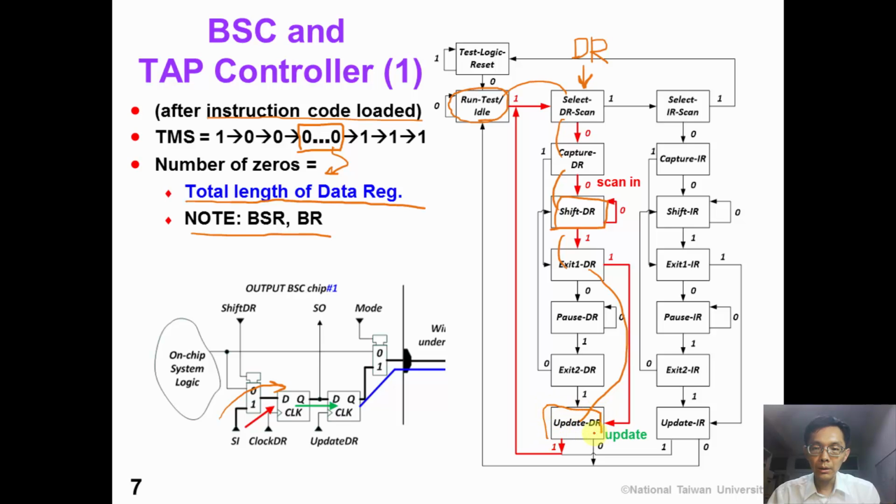At this state, we can update the test data from the left flip-flop to the right flip-flop. And then we apply a 1, so that we are now back to the select DR scan state. But we are not finished yet.